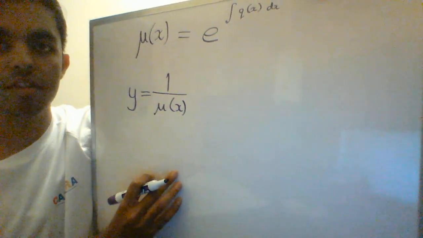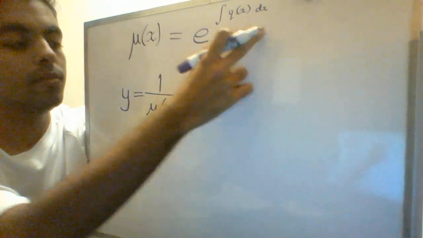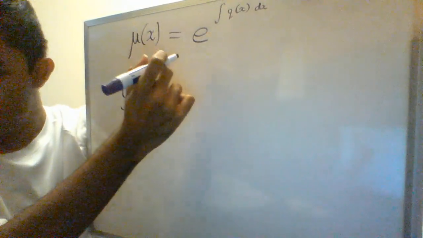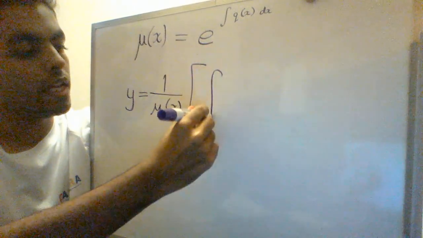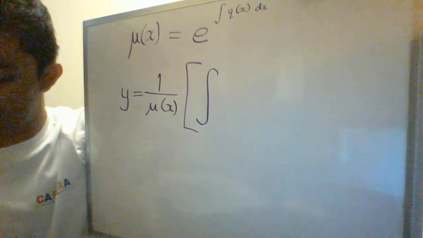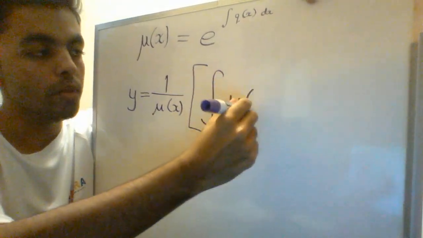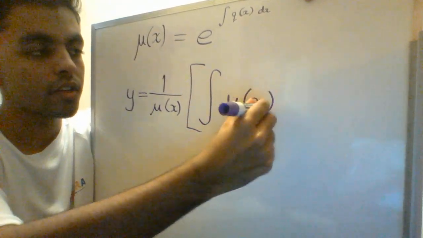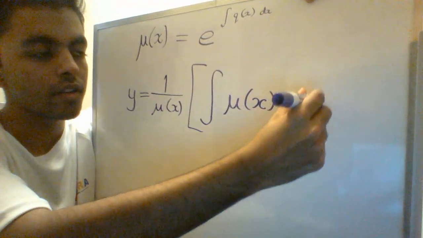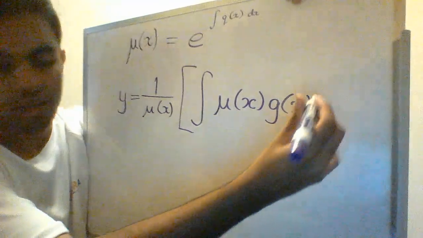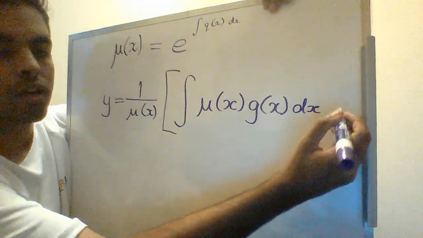Alright, so it's 1 divided by that whole thing, whatever it evaluates to, times the integral of mu of x times g of x dx.